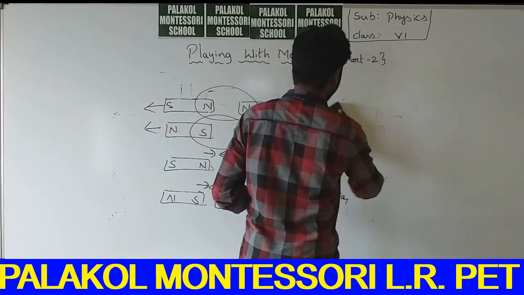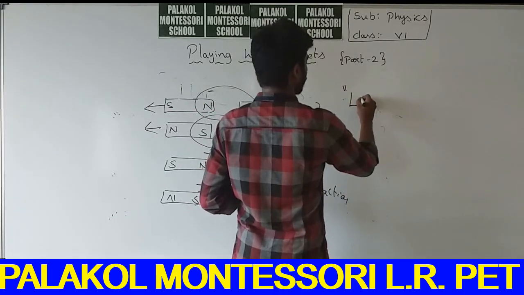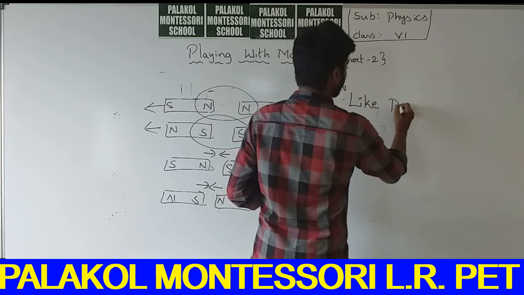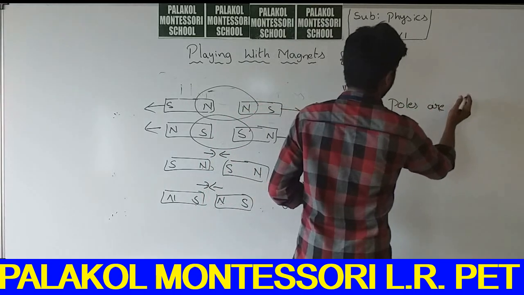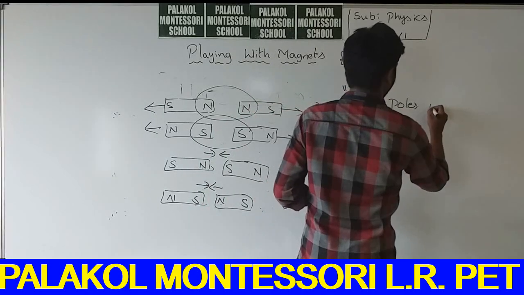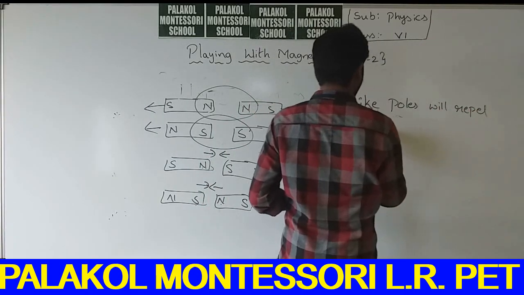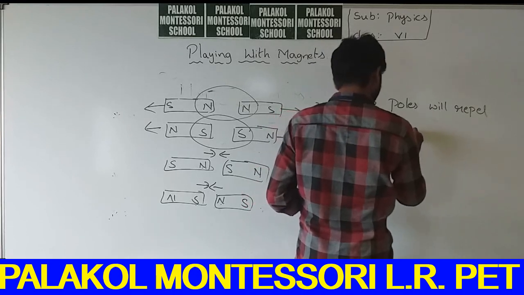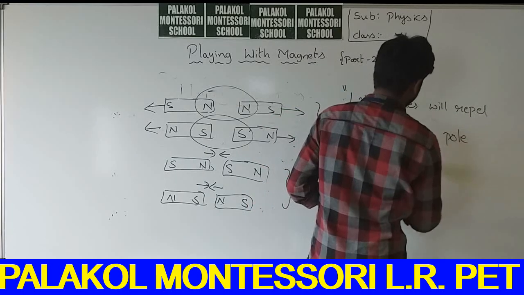For a magnet, this is an important property: like poles will repel and unlike poles will attract.